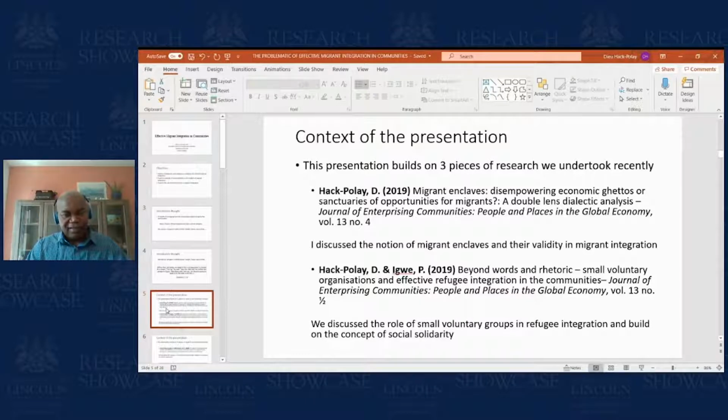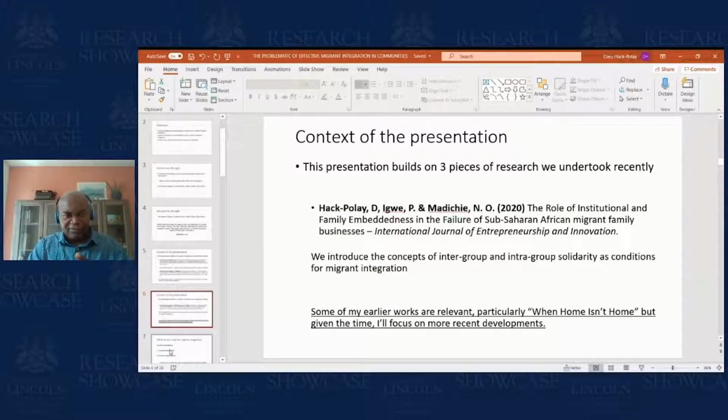So we basically look at those external forces that I talk about. I set out to look at endogenous and exogenous conditions for migrant integration. So in this article, we discuss the role of voluntary agencies in this integration.